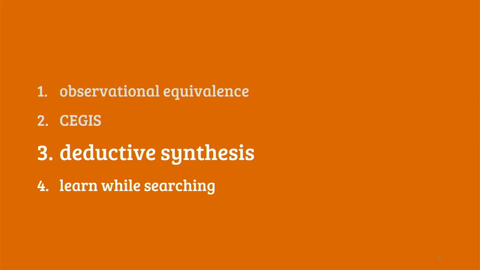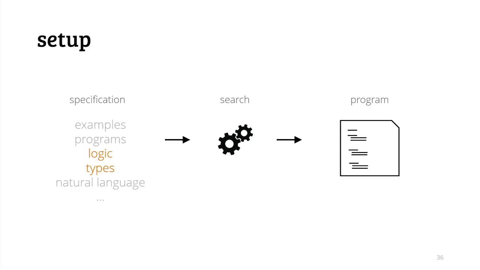It's too fancy. So idea number 3 is deductive synthesis. This happens in the setting where your spec is some fancy logic or maybe some fancy type system. And in particular, we are worried about this problem of unbounded inputs. It's really hard to even tell if a particular program that we're looking at satisfies the specification.